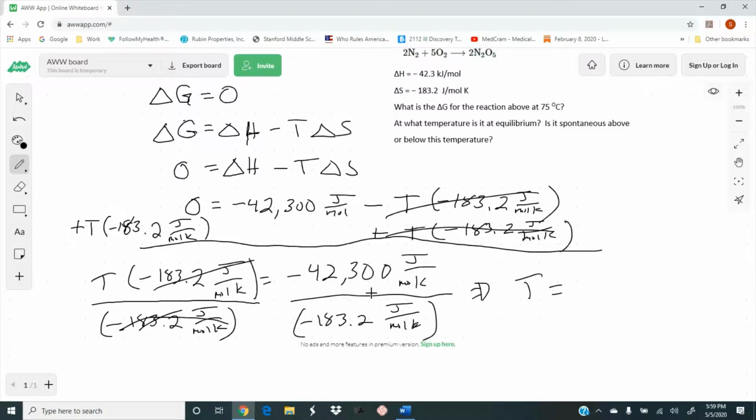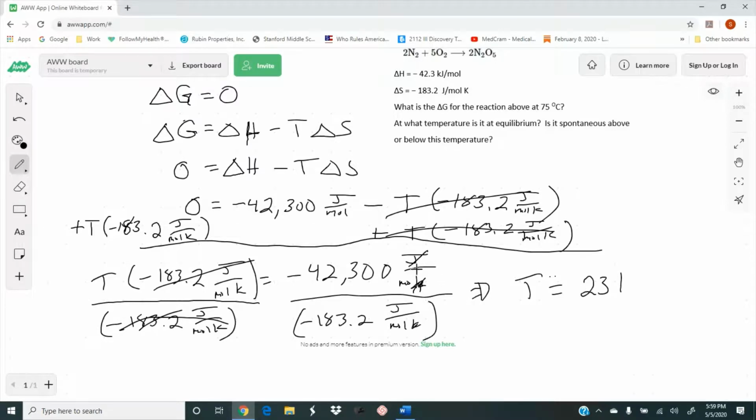So negative 42,300 divided by negative 183.2 is going to give me 231. 231 is the answer here. 231 what? Turns out it's 231 Kelvin.